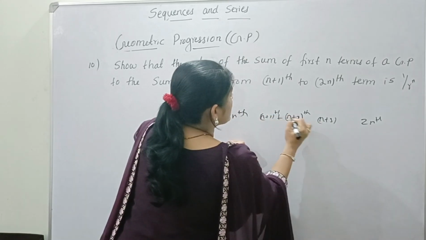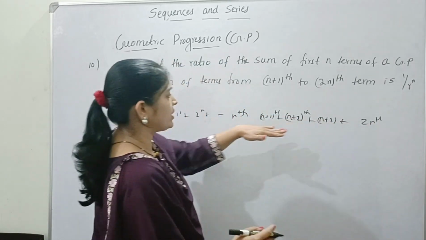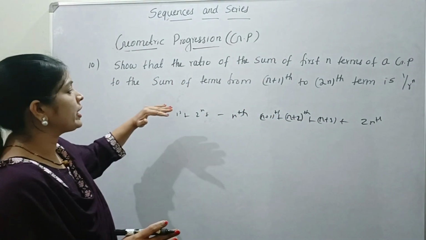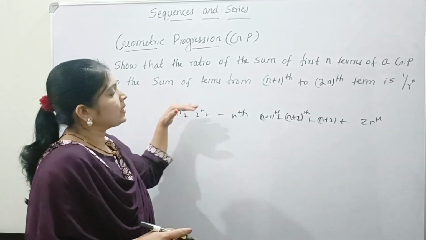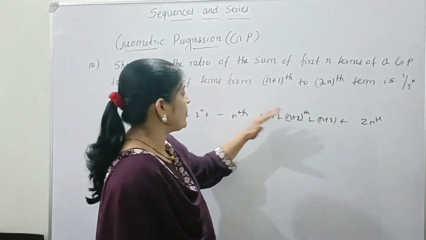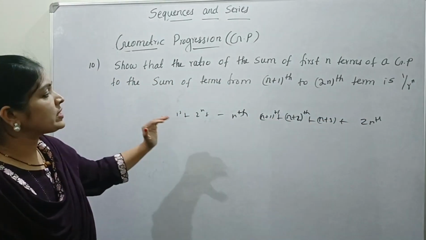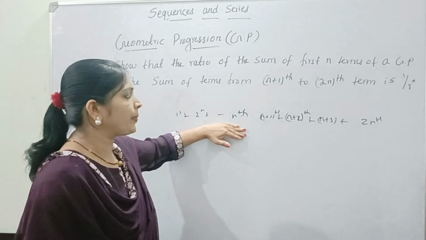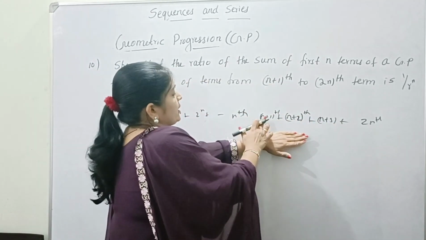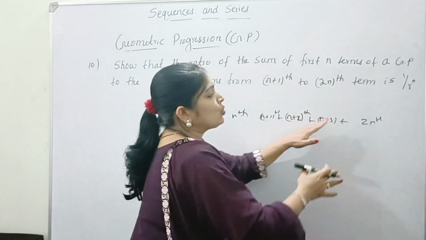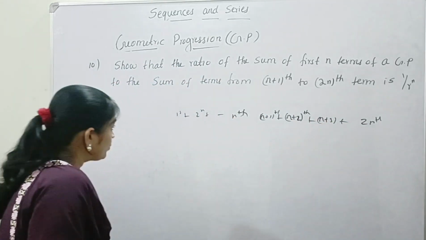So we have to find the ratio of the sum of the first n terms of a GP to the sum of the terms from n plus 1 to 2n.